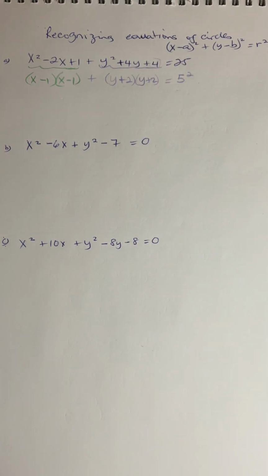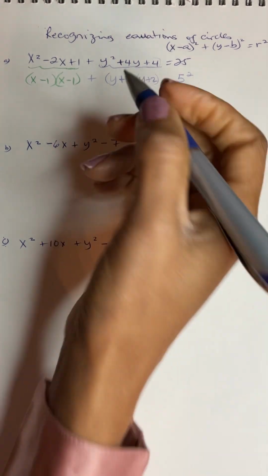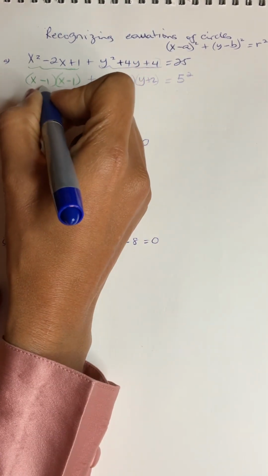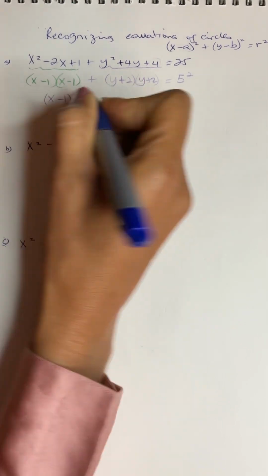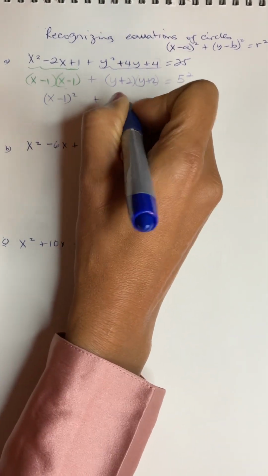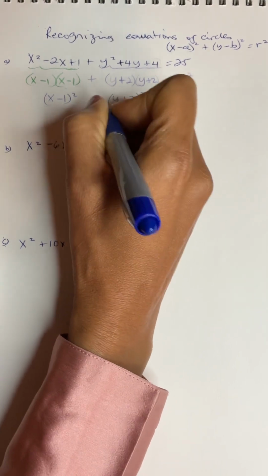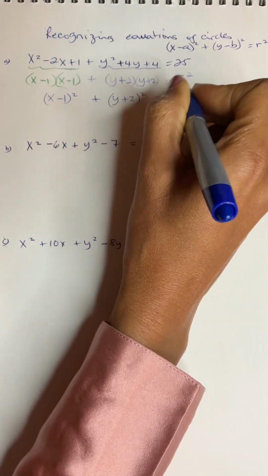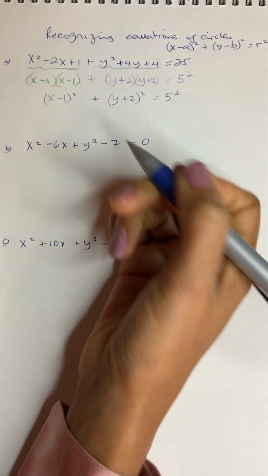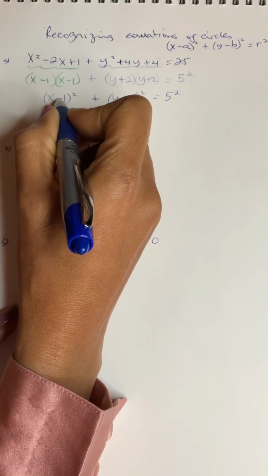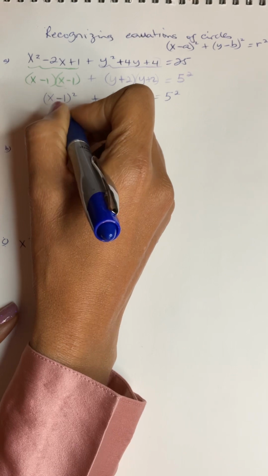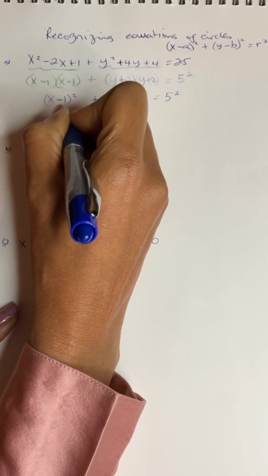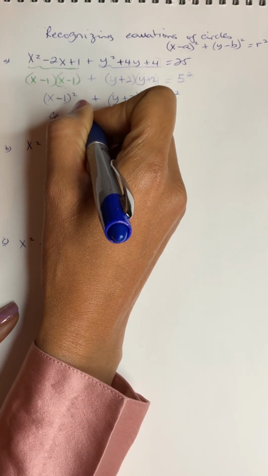Now we can write this as (x minus 1) squared plus (y plus 2) squared equals 5 squared. This is in the original format, so we just pull out the values. Our center is our x value and y value.